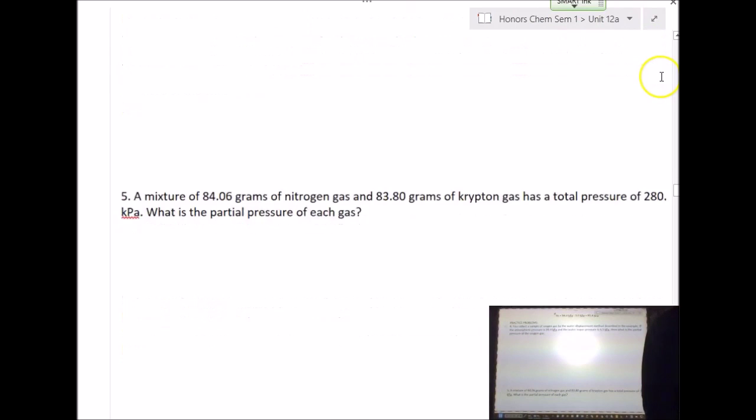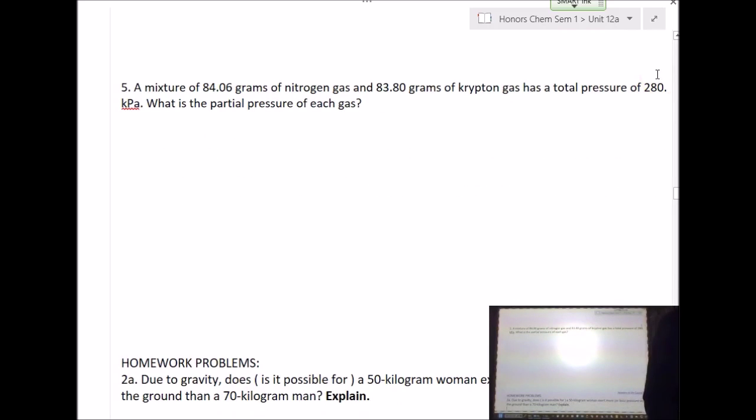All right, the next one is a little more adventurous. It says a mixture of 84.06 grams of nitrogen and 83.8 grams of krypton. We have grams. Whenever we have grams, we need to convert to moles. Here's the reason why.